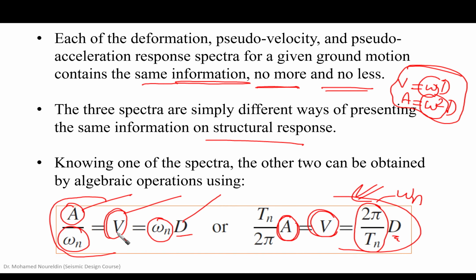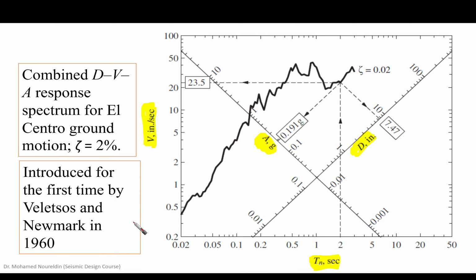Now let's see the tripartite response spectrum, the combined one, and how we can draw it. Actually, we are not going to draw it ourselves. It is going to be given to us here, and we just want to understand it.